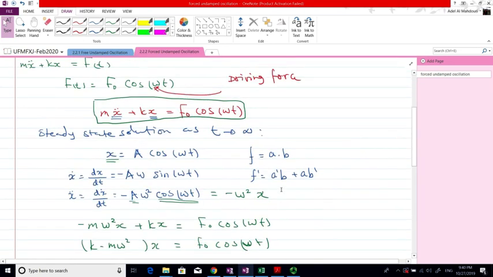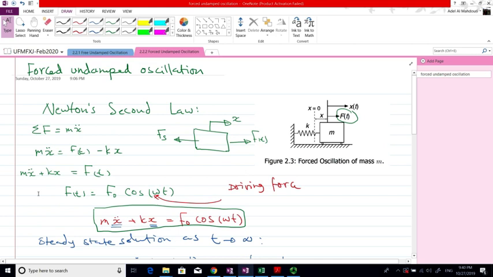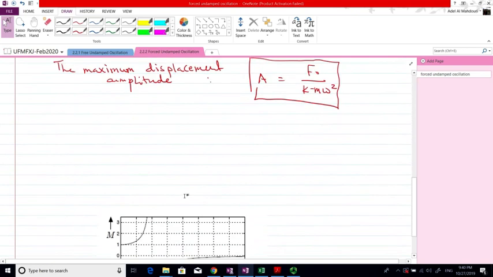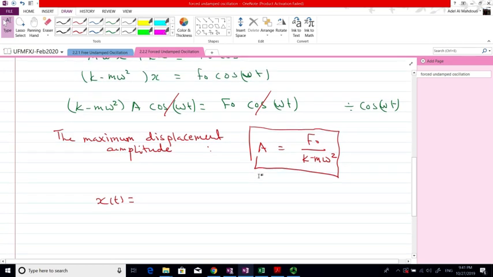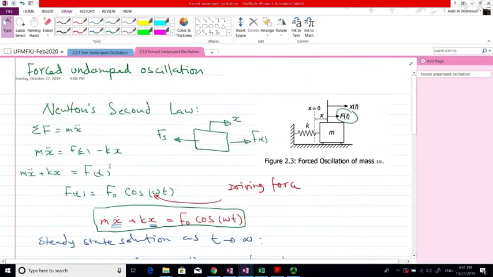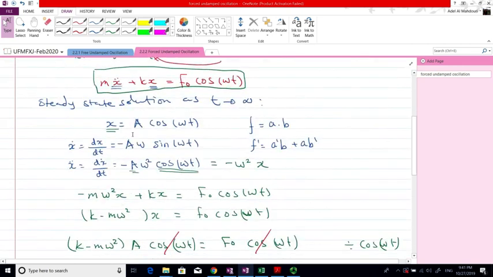This is how to find the amplitude, but the solution for this equation will be based on time: the amplitude multiplied by cosine omega t.